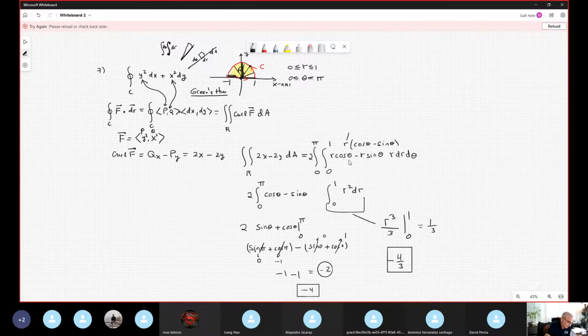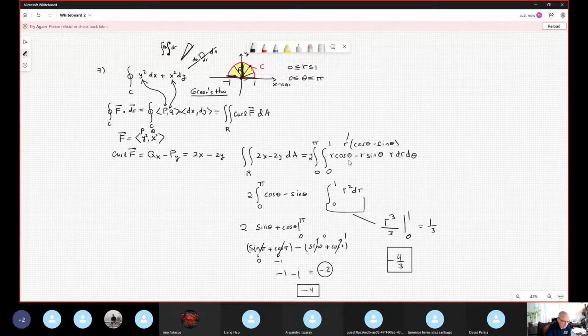Let's move on to the second page. This is more complicated. Any questions so far? Green teorema, no problema. Yes, no problem. Okay.